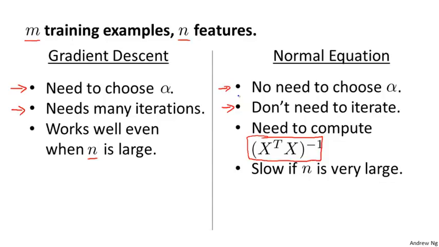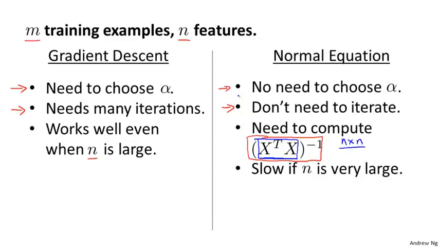This matrix X transpose X is an n by n matrix if you have n features, because if you look at the dimensions of X transpose and X, you figure out the dimension of the product. The matrix X transpose X is an n by n matrix, where n is the number of features.